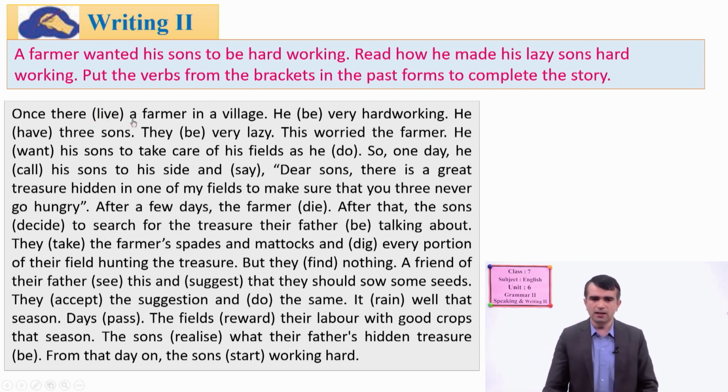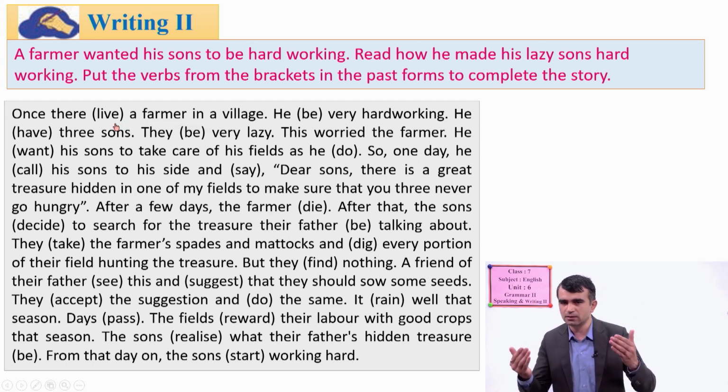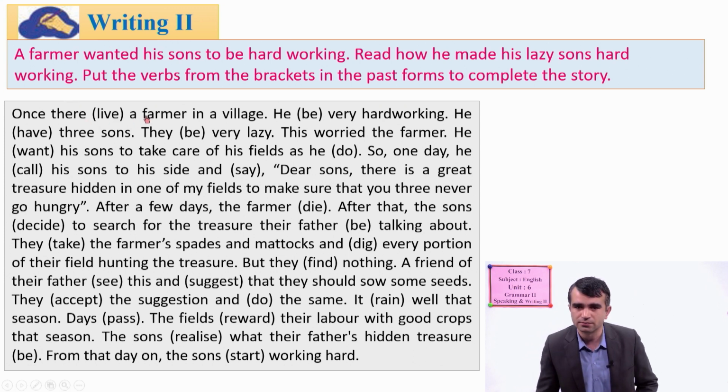Once there lived a farmer in a village. Live is given. What is the past form of it? Lived. L-I-V-E-D, lived. So that way you can complete the story. He be very hardworking.